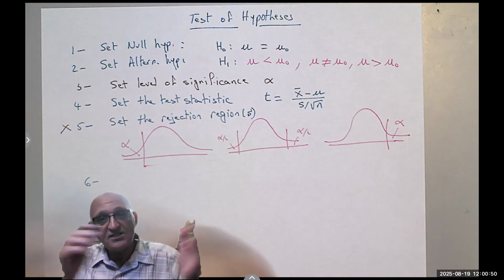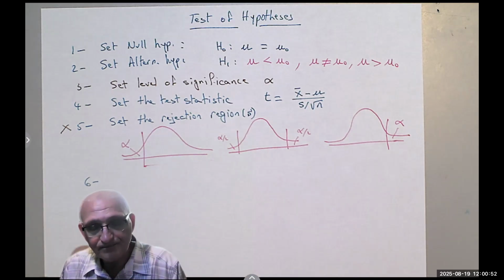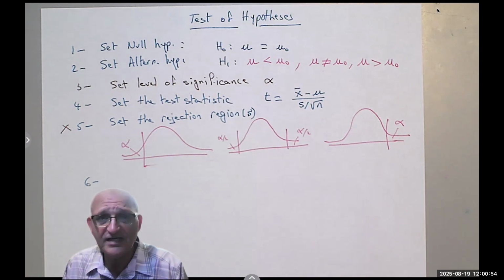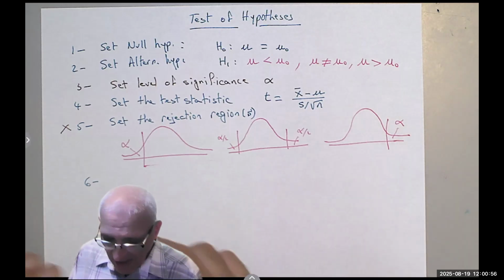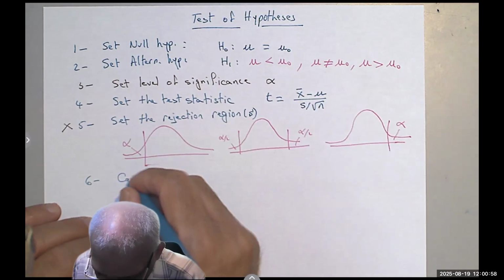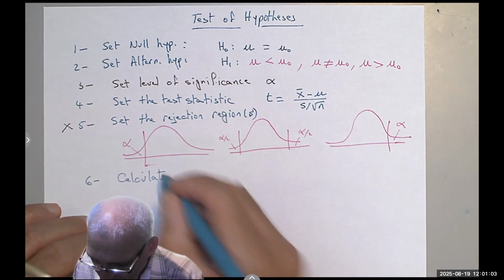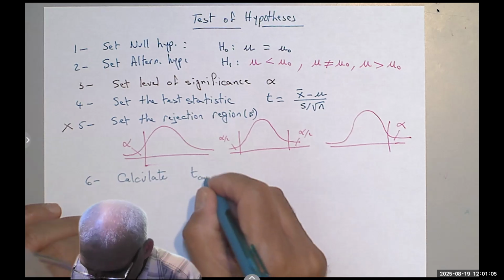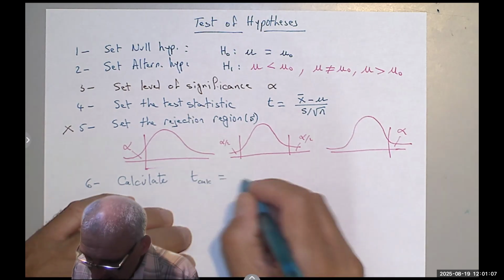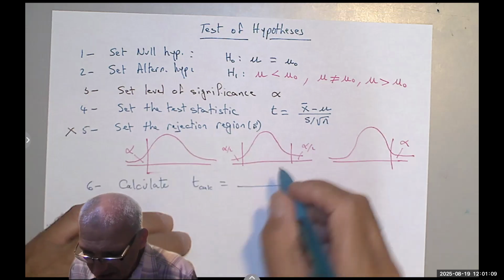So I'm going to measure the width of each one and find X bar and find S and do whatever. So I'm going to calculate T. So T calculated, let's write it like that. It's already what we are saying here.